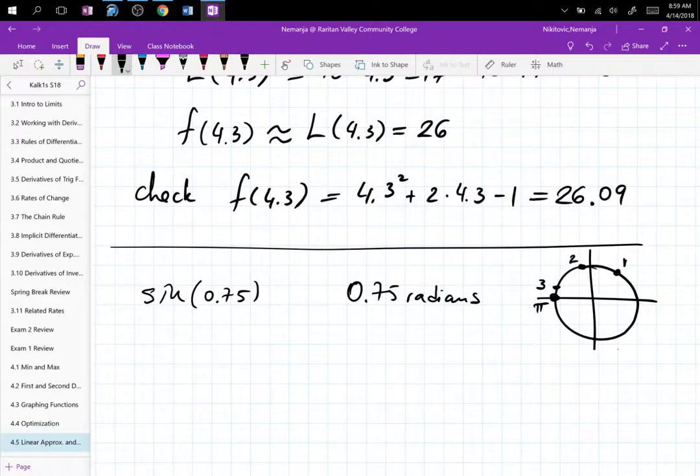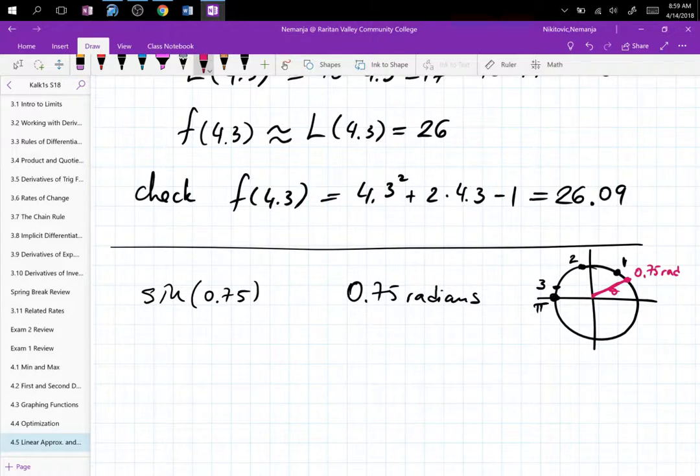Over here somewhere is 1 radian. So the value that we want is somewhere over here, 0.75 radians. That's the angle theta that we want to compute.